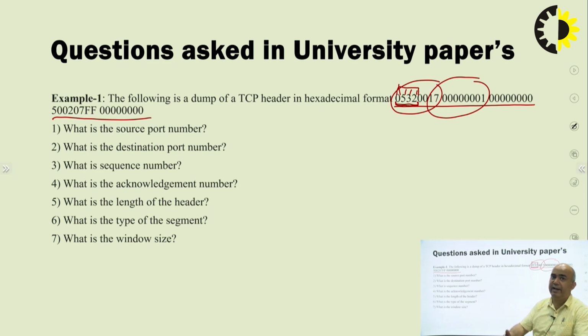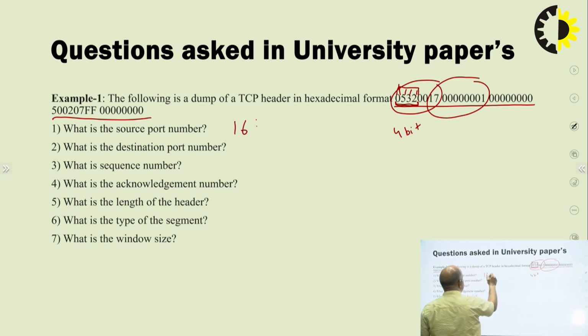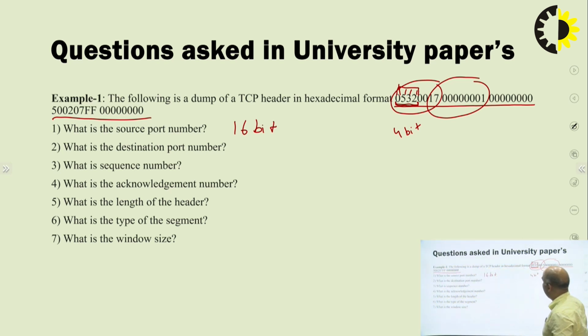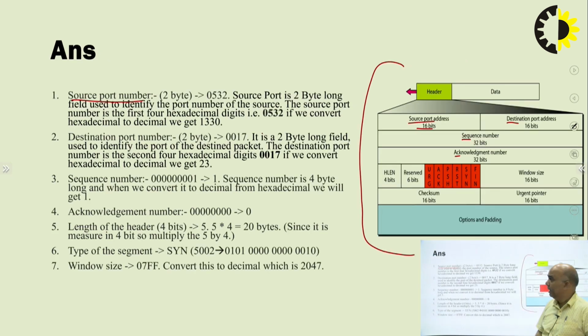So now we identify that out of the given hexadecimal numbers, the first 4 digits are used for the source port number. How do we identify this? One digit is 4 bits, and for the source port we need 16 bits, so when we add 4, 4, 4, 4 we get 16. Now 0532 is the number which identifies the source port number.